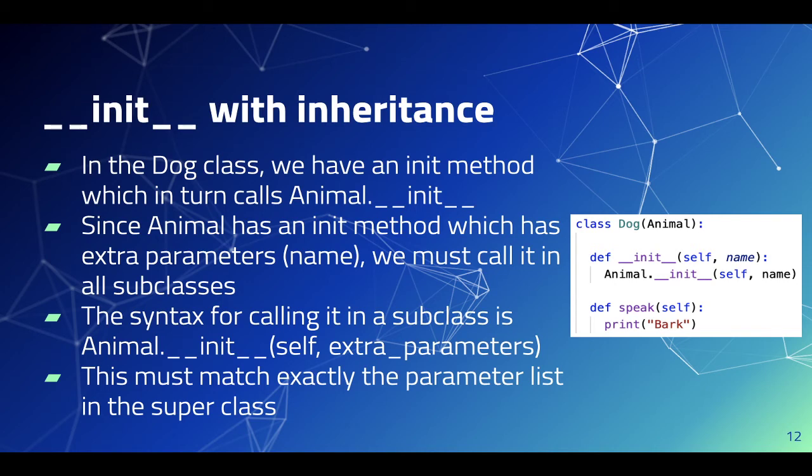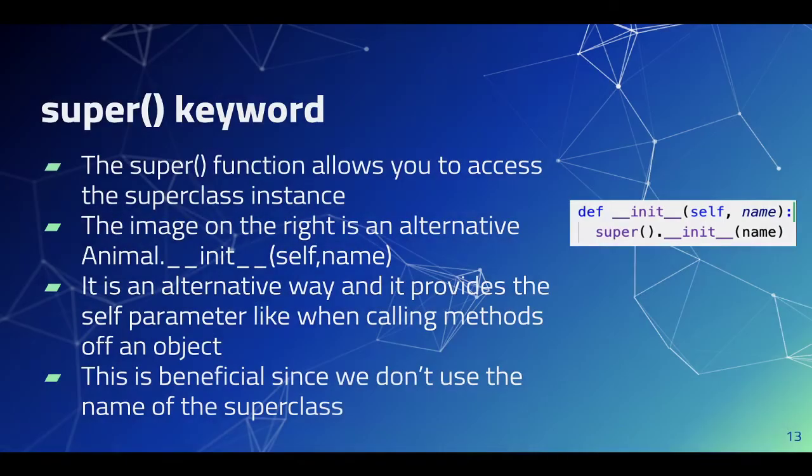So when we create an instance of dog, behind the scenes, we're creating an instance of animal. So here, when we call super parentheses, we're talking about the instance of animal that's been created behind the scenes when we create an instance of dog. That's really important to understand.